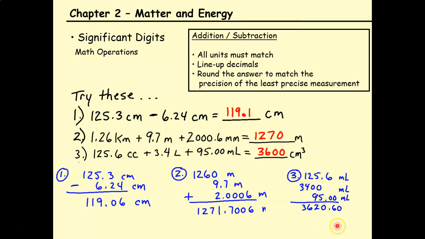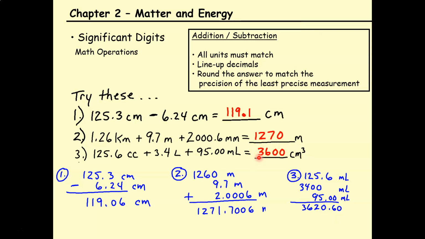For number 3, I convert them all into milliliters, which is exactly the same thing as a centimeter cubed. And then I look at the columns. This second one is precise in the hundreds column. So those zeros are not significant. So when I round, I'm going to have to round it in the hundreds column, and there's a 6 there. 6 followed by 2, I'll just leave it as a 6 and tack on a couple zeros to keep the decimal in the right place.